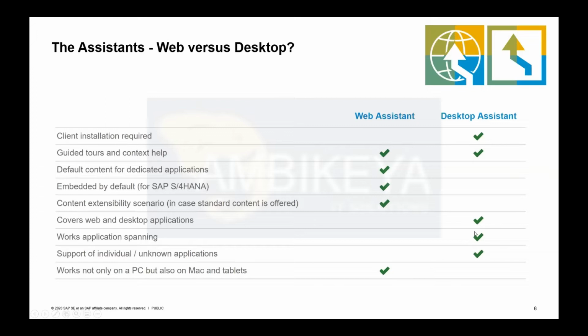This is exclusive to the desktop assistant. The web assistant comes closer because it's now app-spanning already, but nevertheless this is exclusive to the desktop assistant, and it supports individual and unknown applications out of the box, while the web assistant is supposed to be integrated into the target application and only supports applications it is built in, obviously.